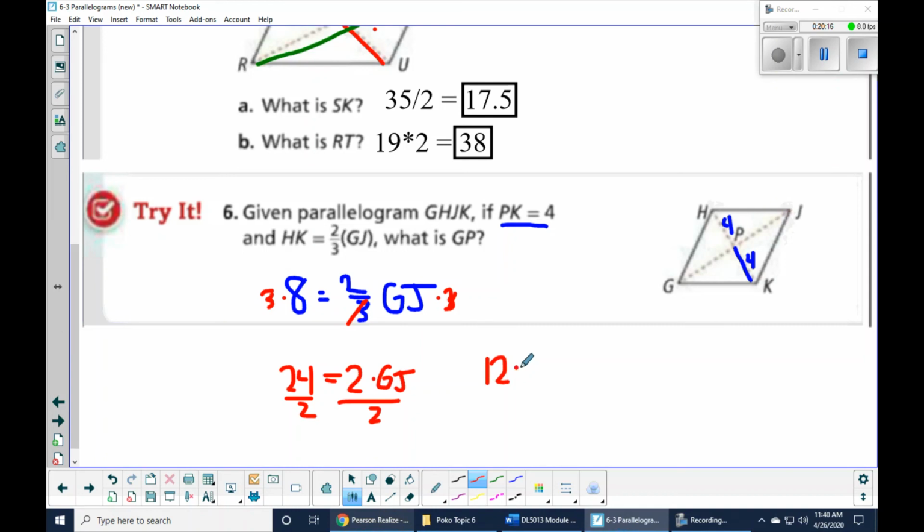So we get 12 is the length of GJ. My goodness, that is sloppy. So that's this whole thing. This whole thing is 12. So what is GP? GP is half of that. So do 12 divided by 2, and that will equal 6.